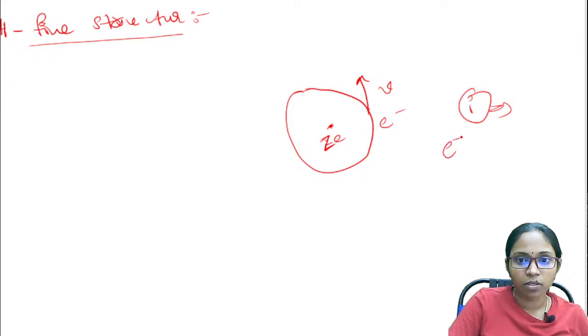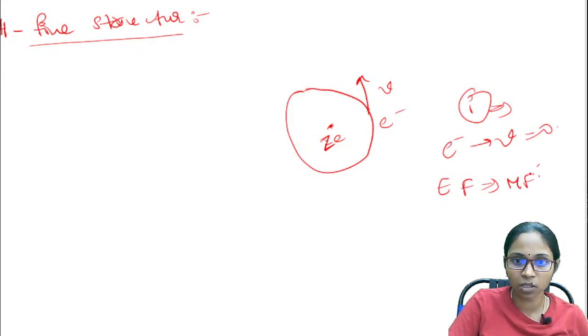As the electron is moving with velocity v, and as we have the electric field, that means we also have the magnetic field. If the velocity is equal to 0, then there will be no magnetic field. Do you know this? If the electron remains at rest, then there will be no magnetic field.